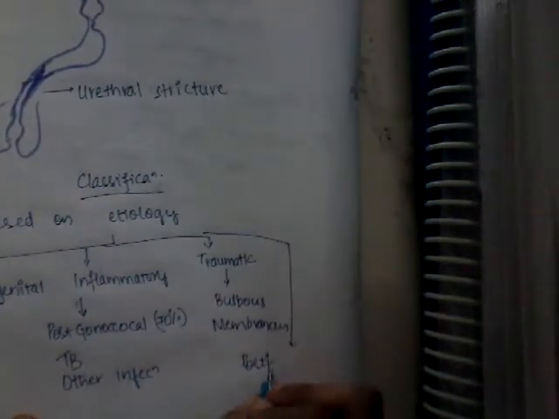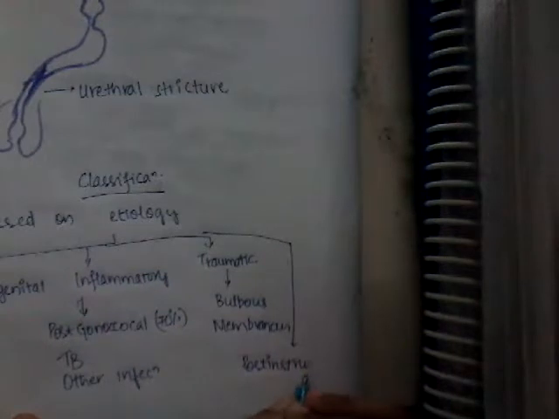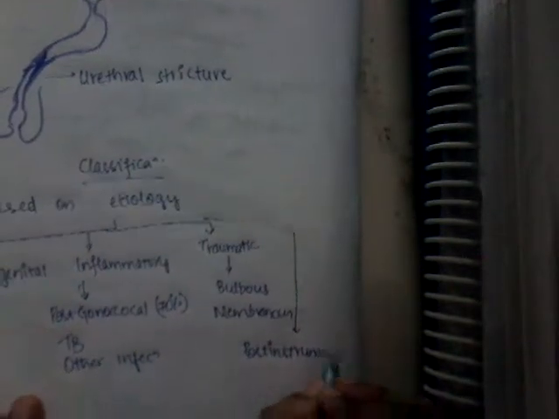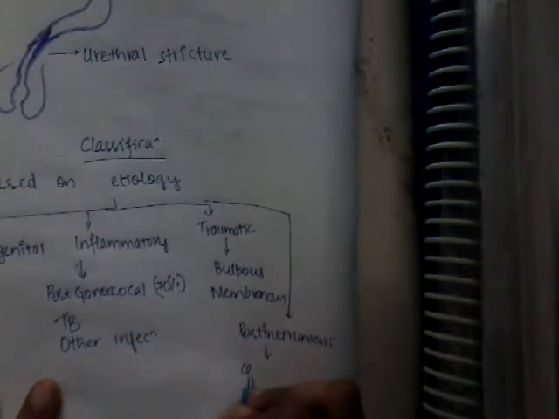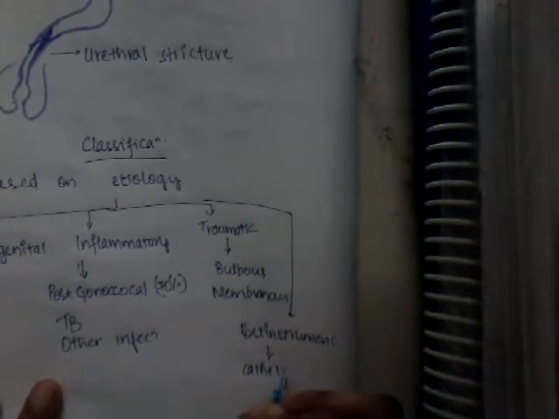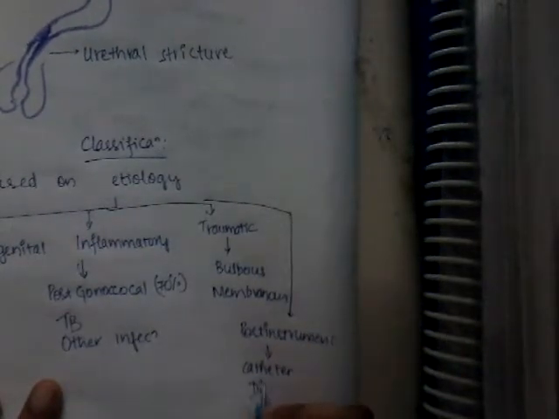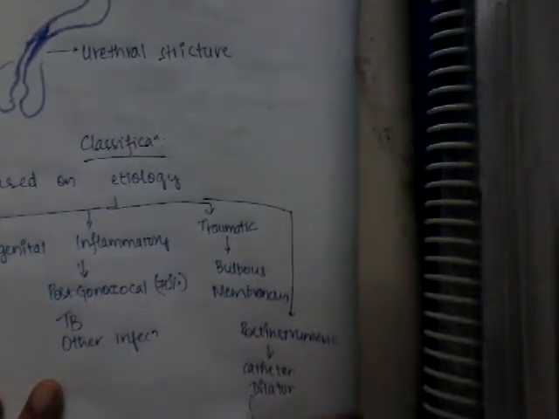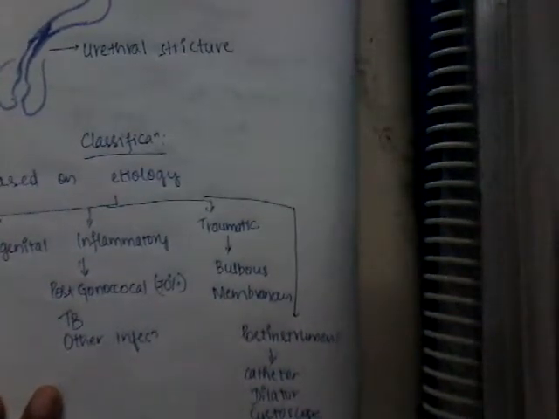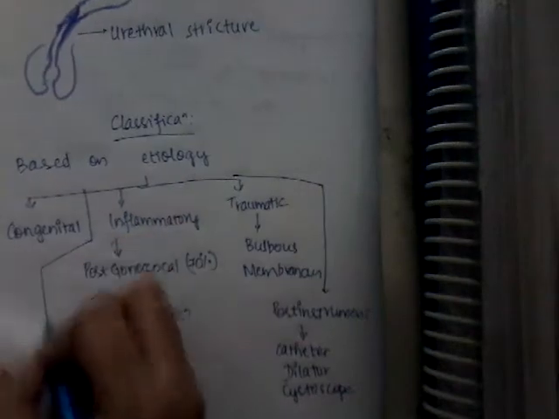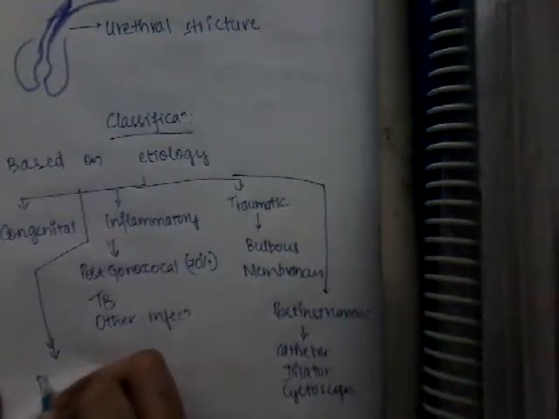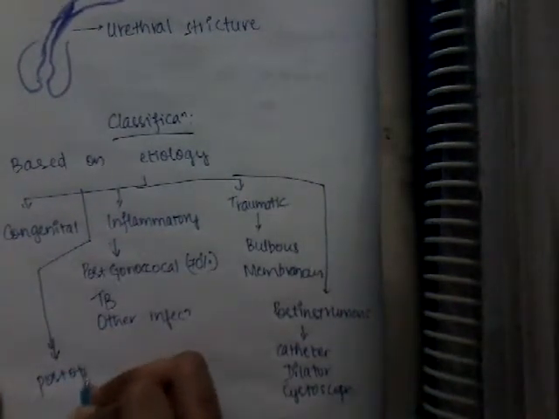post-instrumental. It may occur after instrumentation because of some injury to the urethra. Which instruments do we use? We generally use a catheter. Sometimes we keep a dilator, or a cystoscope can be used for viewing the bladder and urethra. And finally, post-operative, after surgeries.